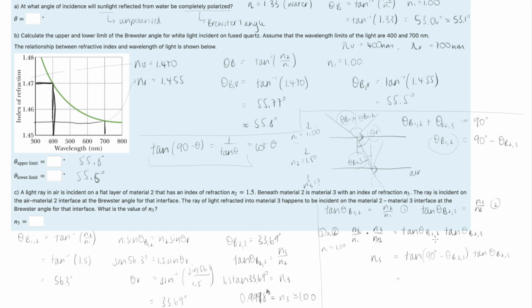So we're going to end up with N3 equals tan theta of the Brewster angle between 2 and 3, divided by tan theta of the Brewster angle between 2 and 3. You can see these two cancel, so we're left with N3 equals 1.